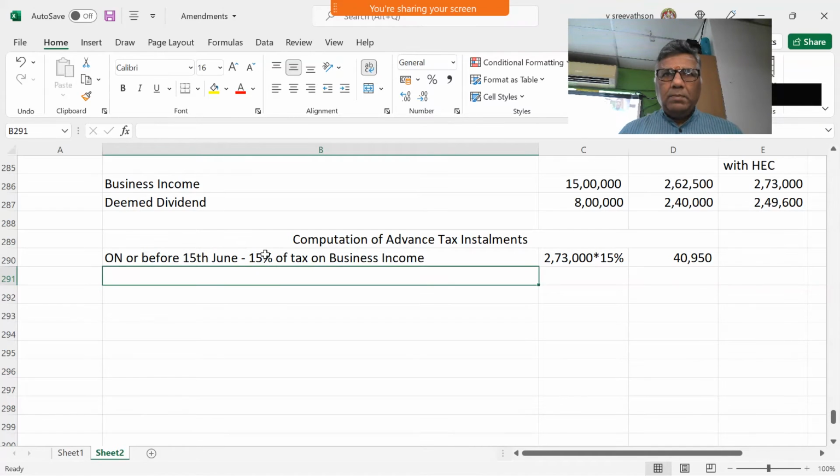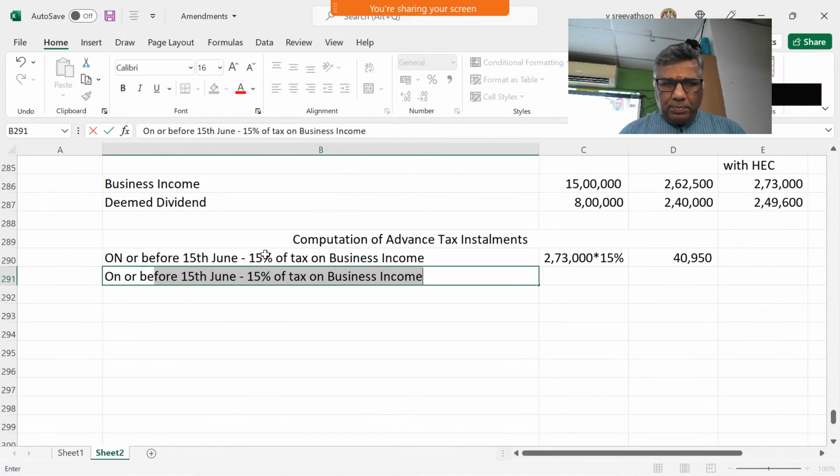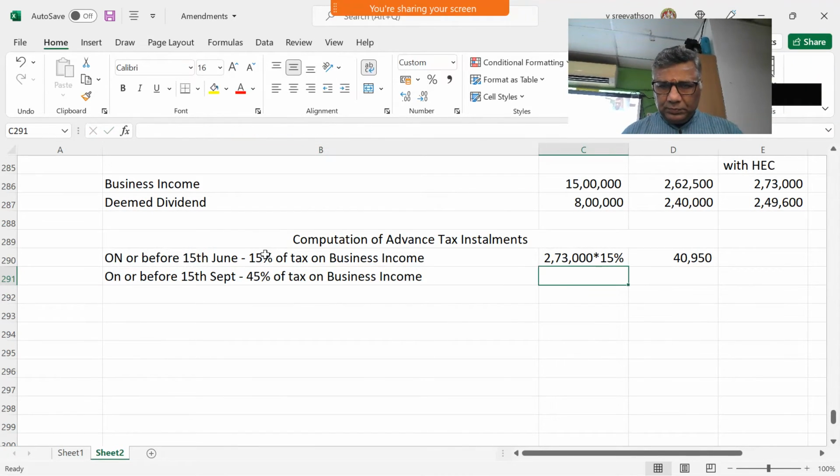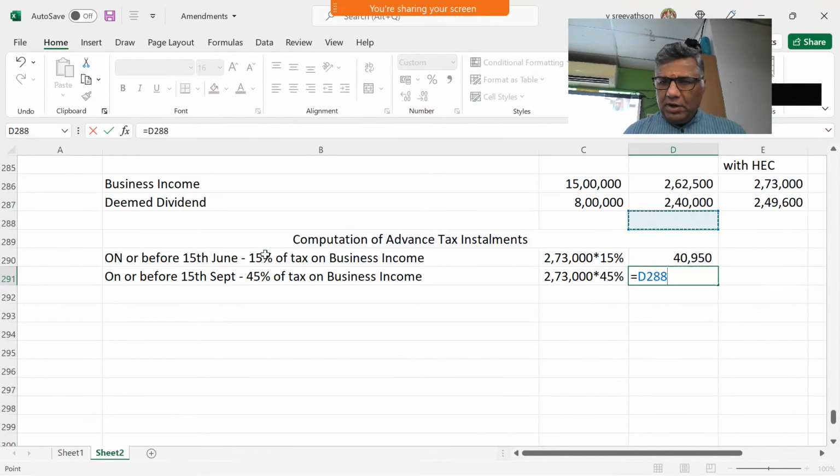Correct? On or before 15th September, 45% of tax on business income, because till that time I will never know I will get a deemed dividend.